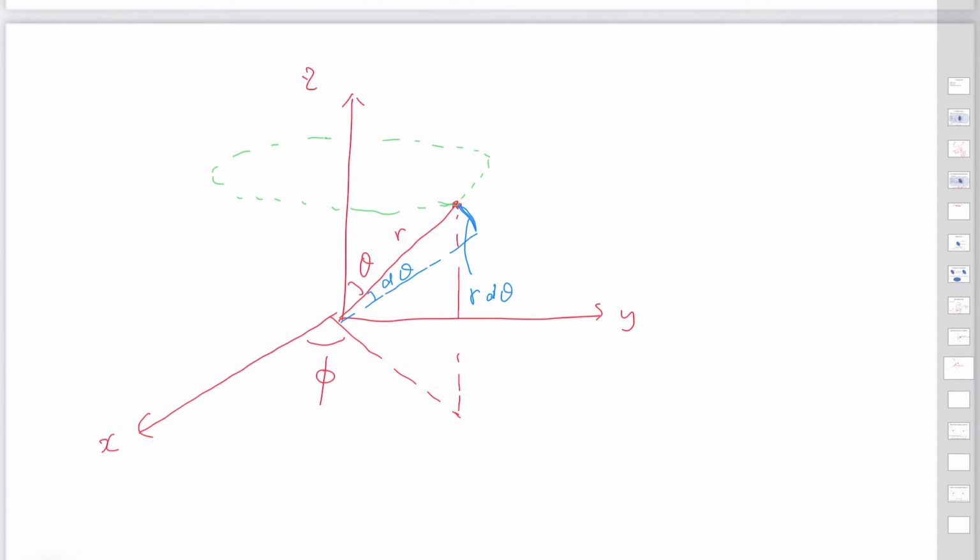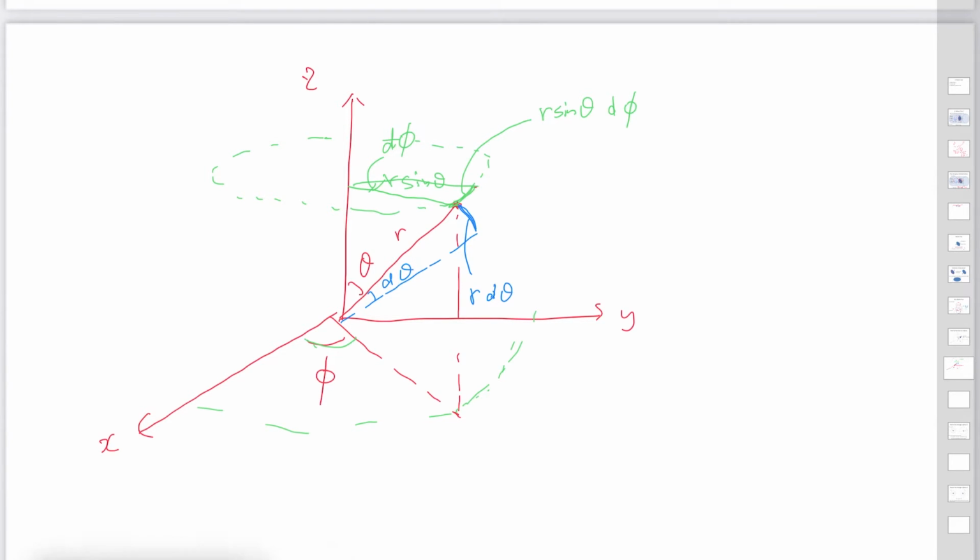In this case, the radius of the circle is r sine theta. You could consider a small change of the angle d phi, because this is phi, this is d phi. Then this length can be expressed as r sine theta d phi.